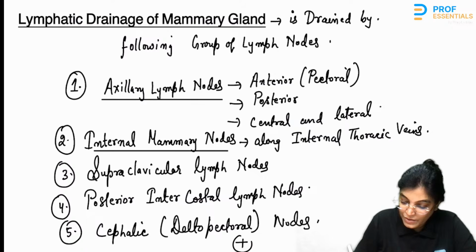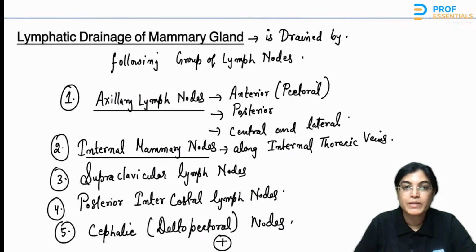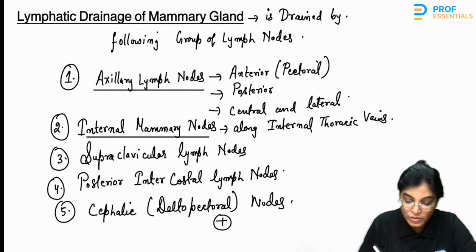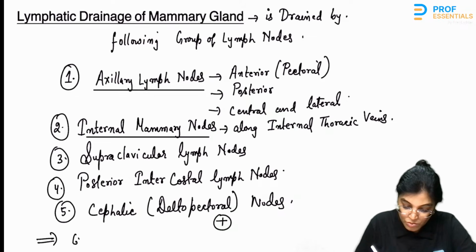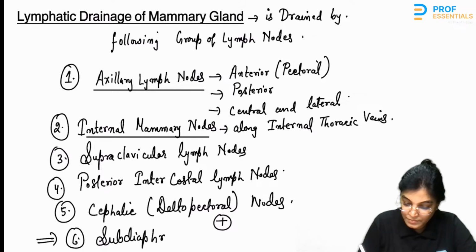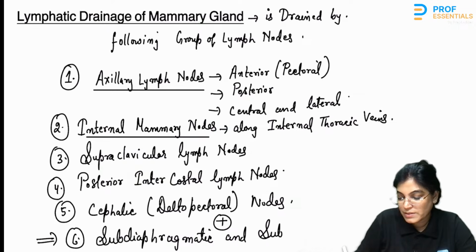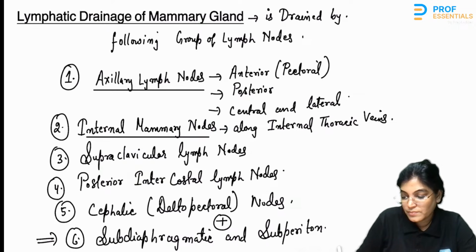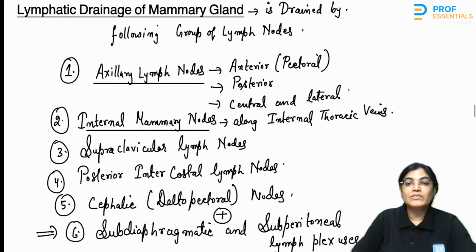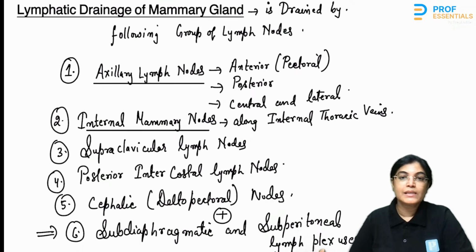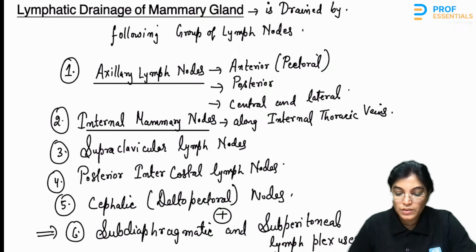You can write a plus sign because they are not the most major sources, but lymphatics from the breast can also drain to the sixth source, the subdiaphragmatic and subperitoneal lymph plexus. So we are done with this.